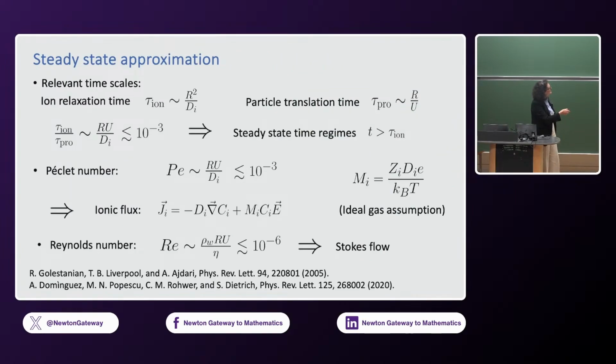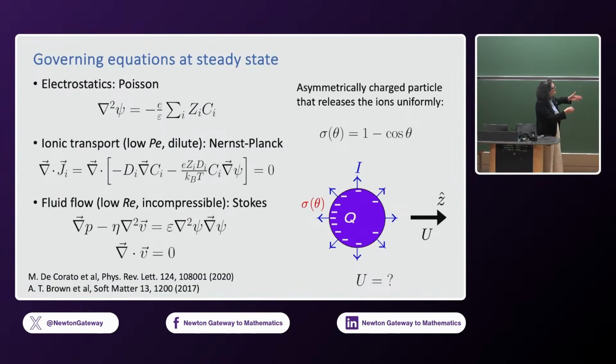You can show that, in the time scales of the systems that you are in, you are in regimes where you have low Péclet number, and also low Reynolds number. So when you calculate the dissipation relative to the driving part, and the parameters for these sizes, you are very much in the regime that I talked about before: the Poisson equation with the ion transport in this limit, and also the incompressible Navier-Stokes at low Reynolds number.